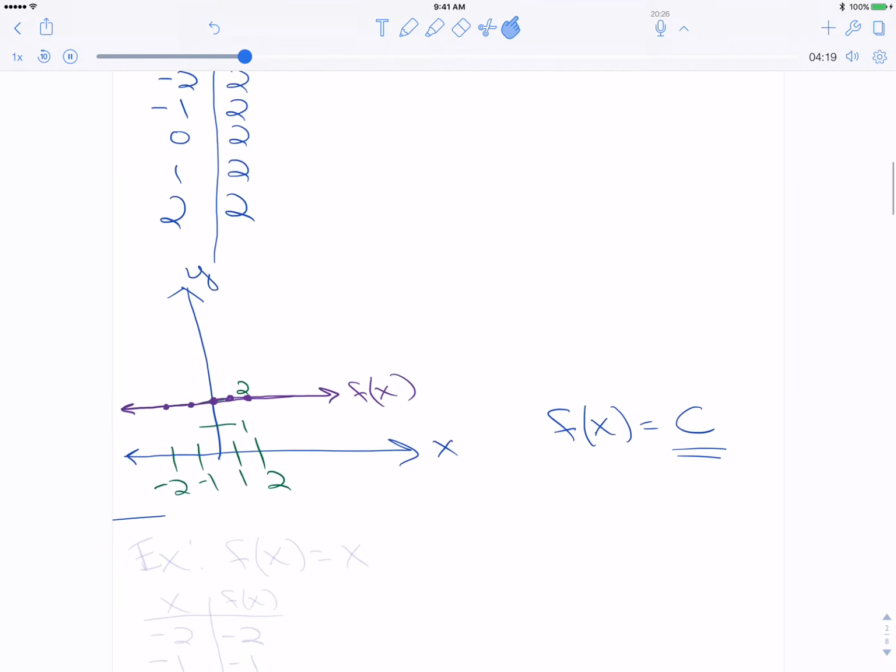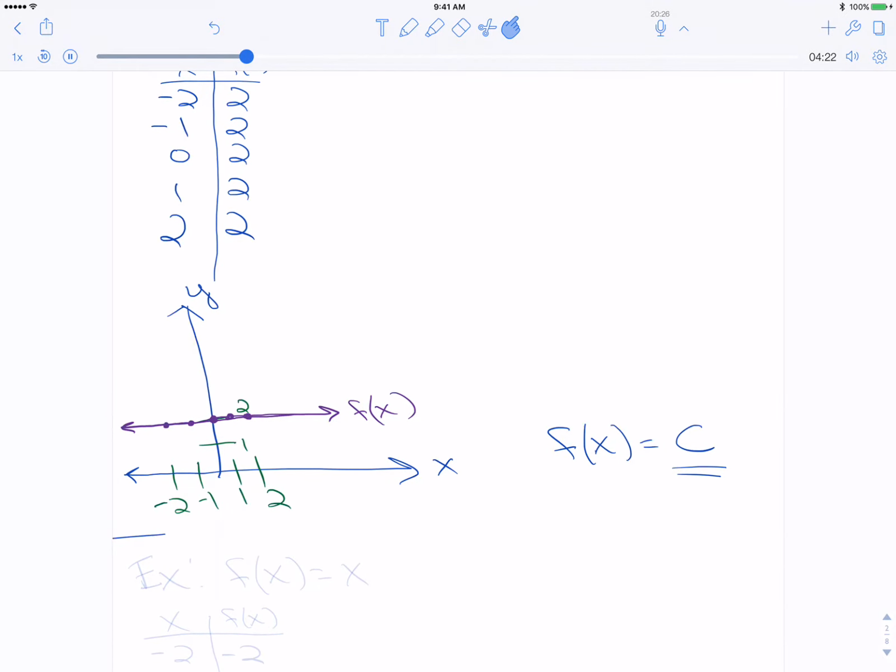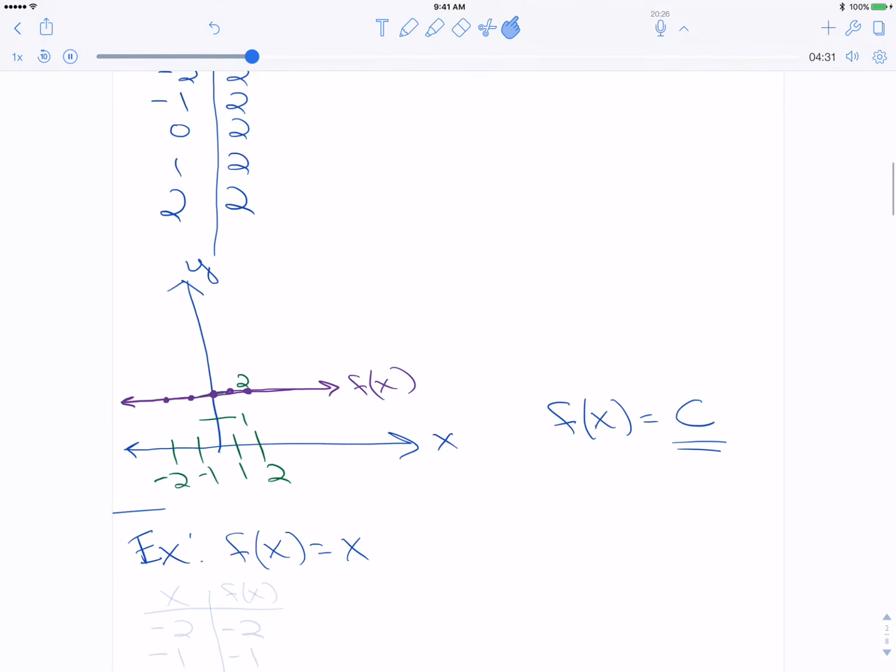If we take this to the next basic function, or as I would say, fundamental function, we can look at f of x is equal to x. Now in this case, whatever x value I substitute in is exactly what I'm going to get right back out.